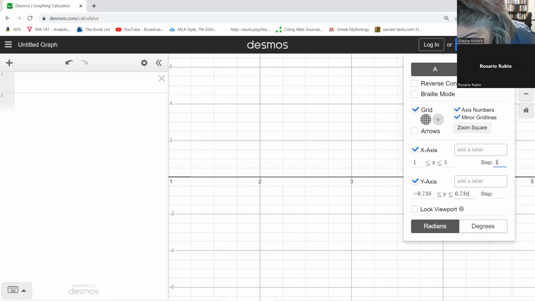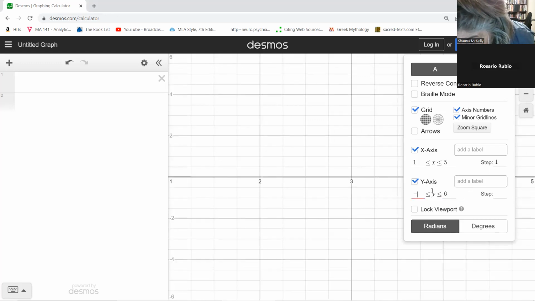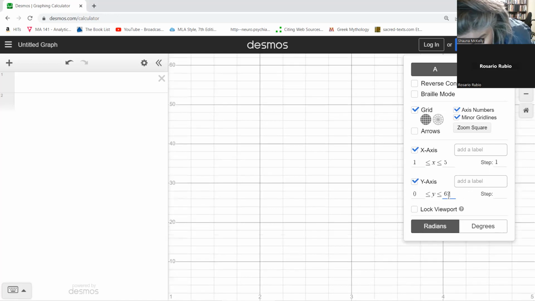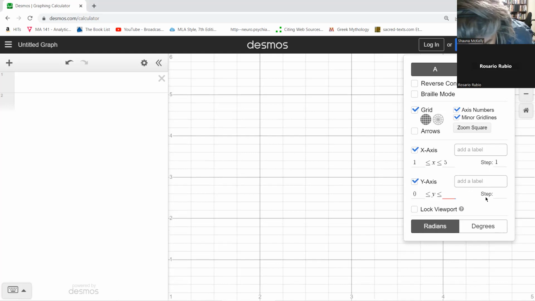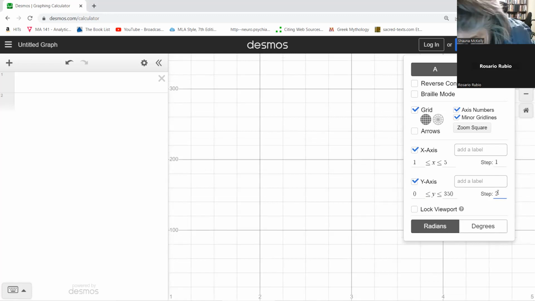I'm going to scale the y-axis from 0 up to 350-something, by 25 units.